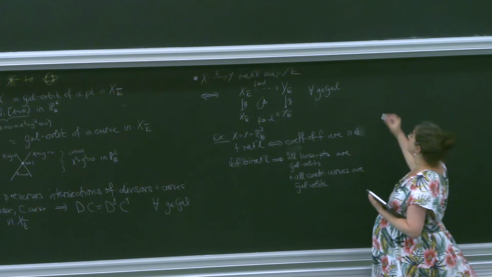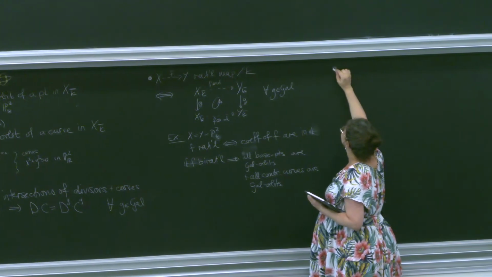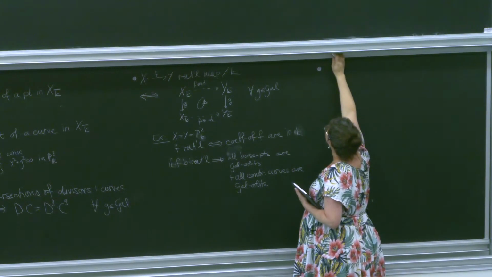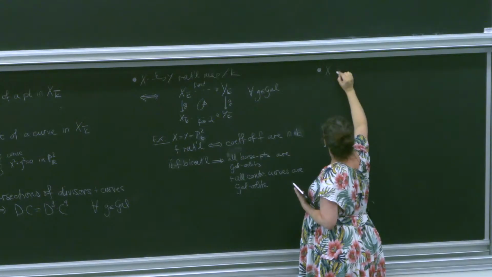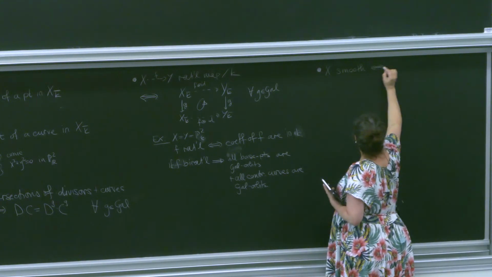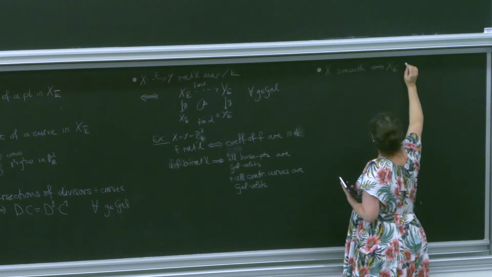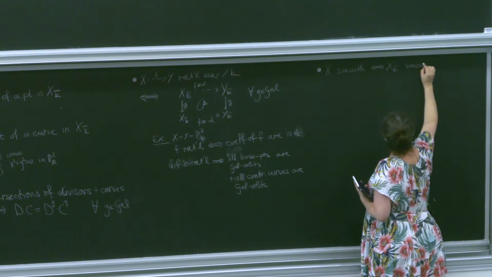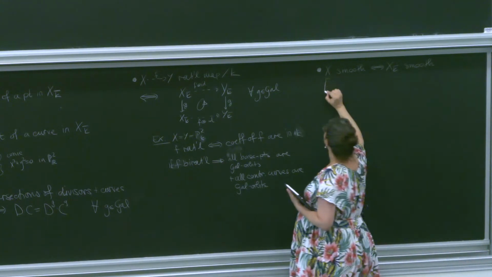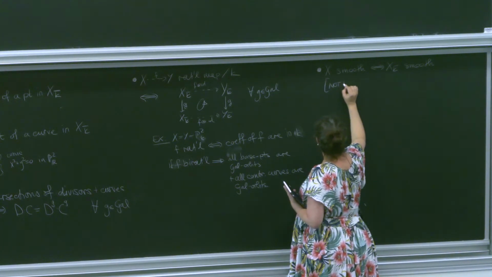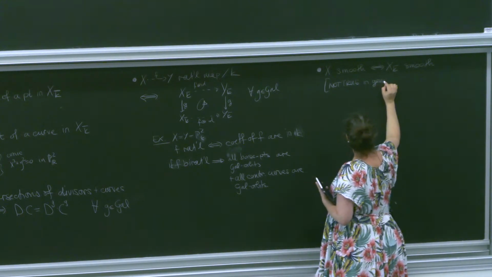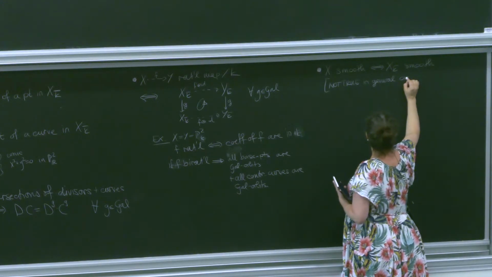Okay, and then a very, very nice property that is very specific to our choice of fields is that X is smooth if and only if X of k bar is smooth. Because this is not true in general over imperfect fields.